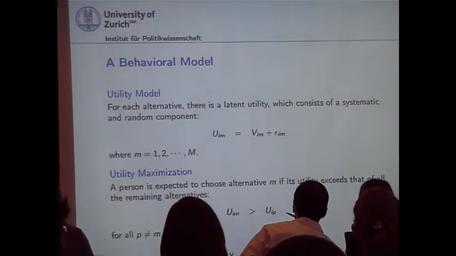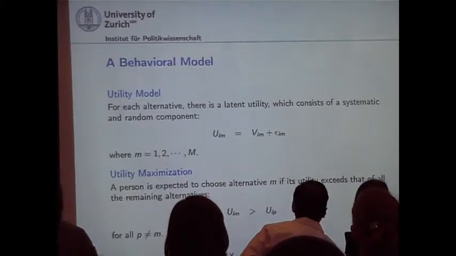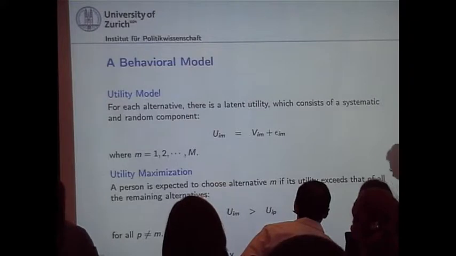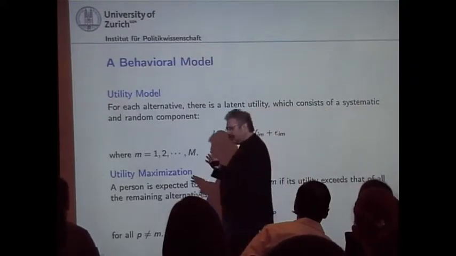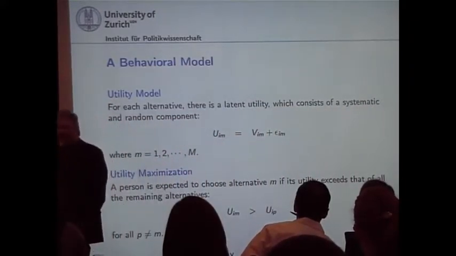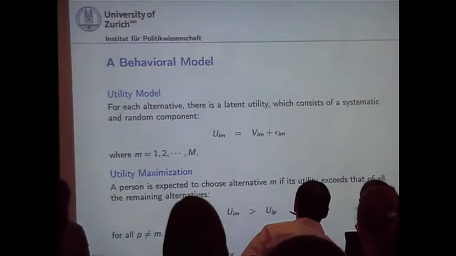Things went terribly wrong during toilet training, and because of this the person has a paranoid fear of left-wing parties. They will never be able to tell you that they have that, but it influences their utility. Doesn't really matter. We have this random component epsilon that, in addition to what we know as researchers, influences their utility.